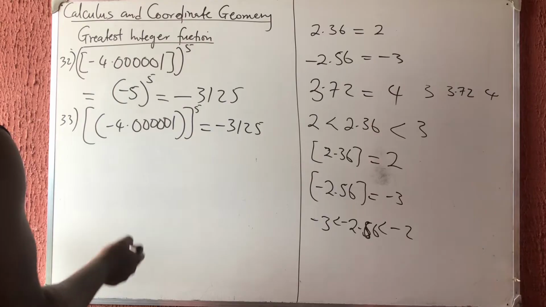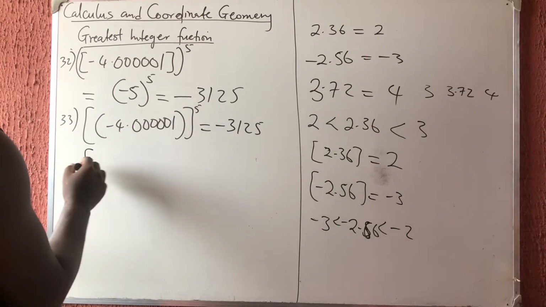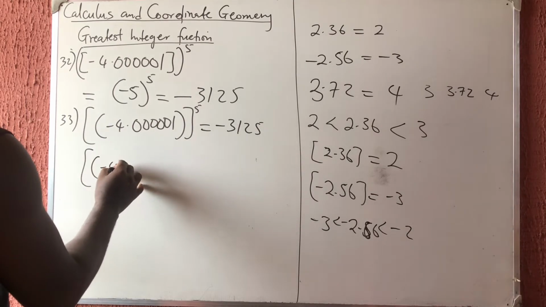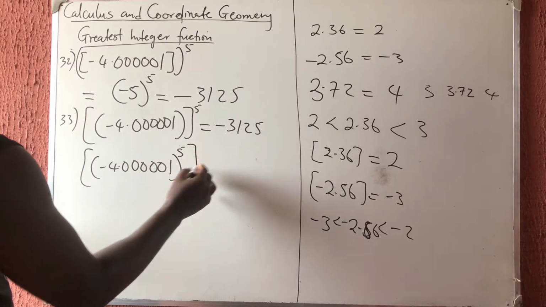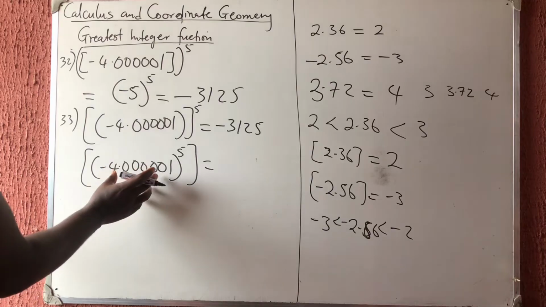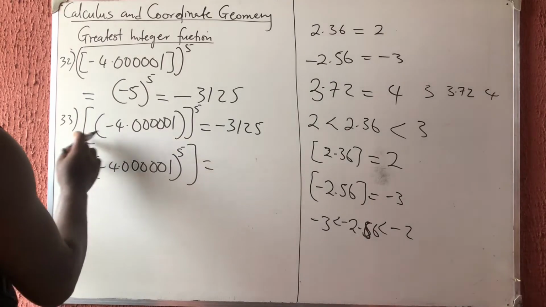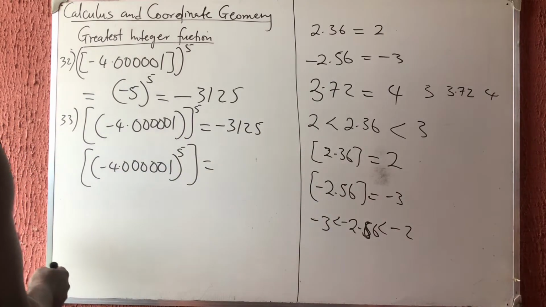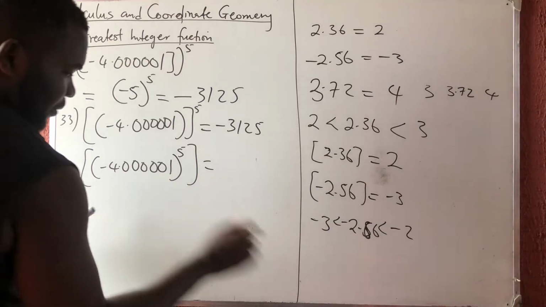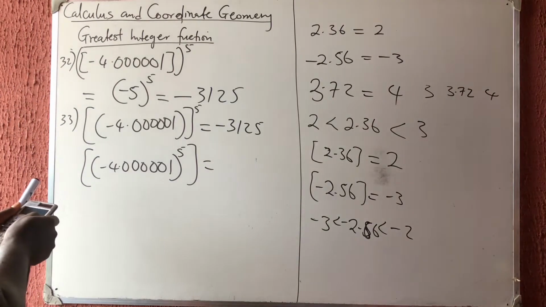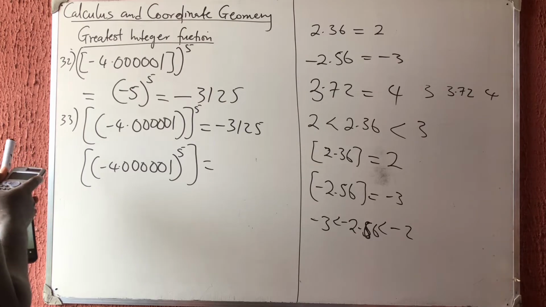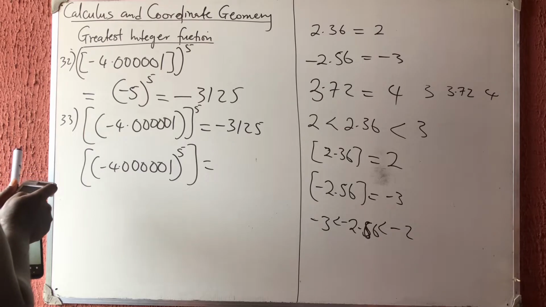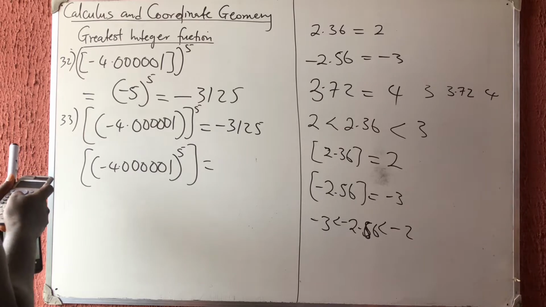Okay, but if the question is like this, look at how the question is supposed to be: minus 4.123451, then raised to power 5 like this. Now this one means you have to raise this to power 5 first before you can get the greatest integer function. Though it's not part of the question, let us just do it. So this one will give you minus 4.123451 raised to power 5.